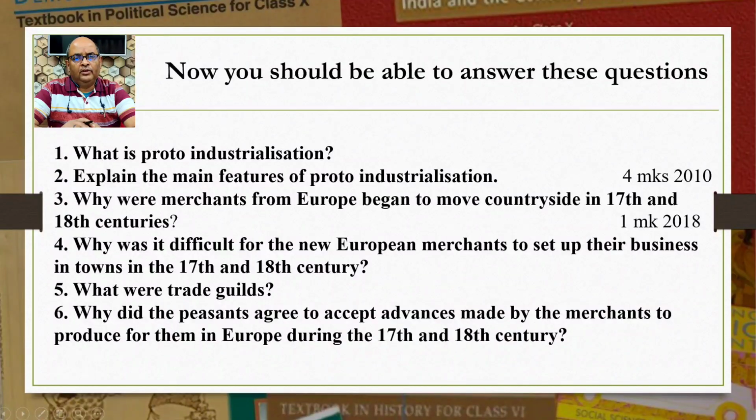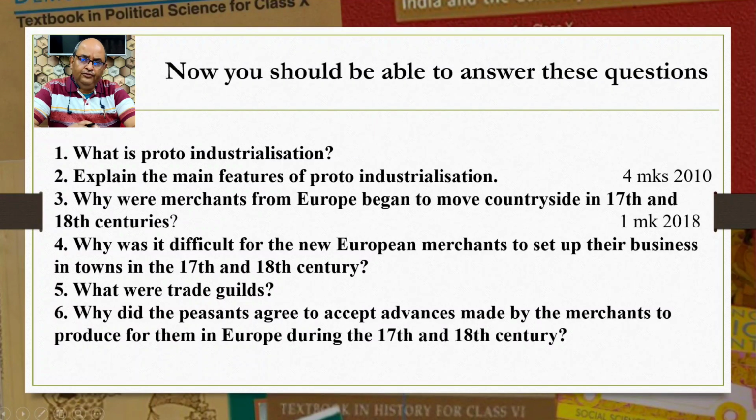Let us see the probable questions from this topic. Number 1. What is proto-industrialization? 2. Explain the main features of proto-industrialization. This question came as a 4-mark question in 2010. Why did merchants from Europe begin to move to the countryside in the 17th and 18th century? This was a 1-mark question in 2018.